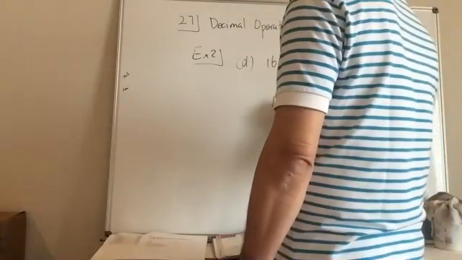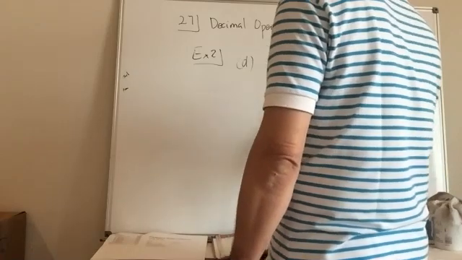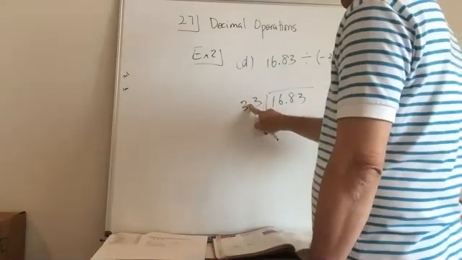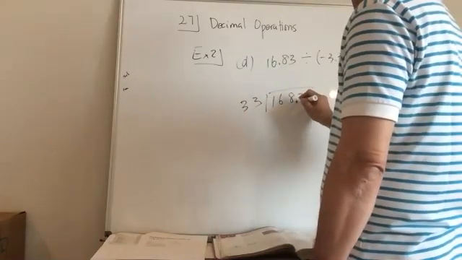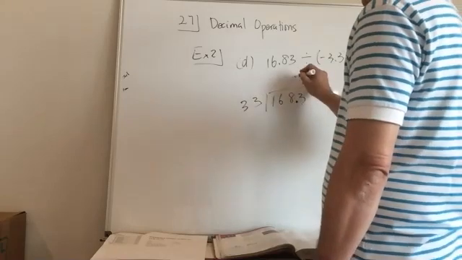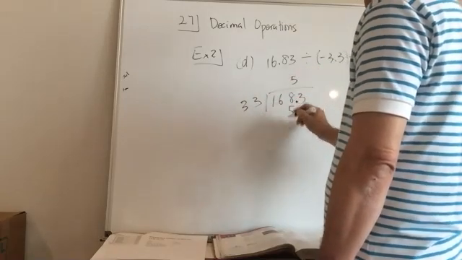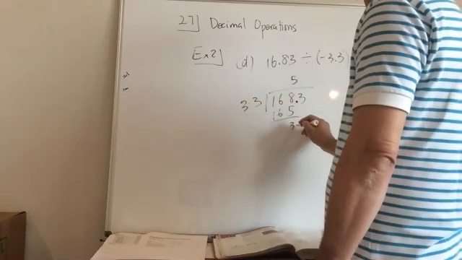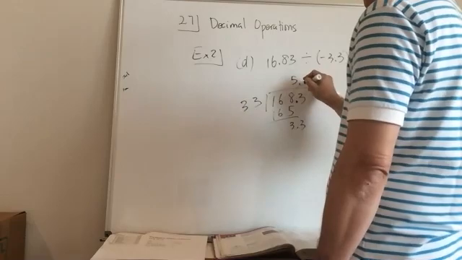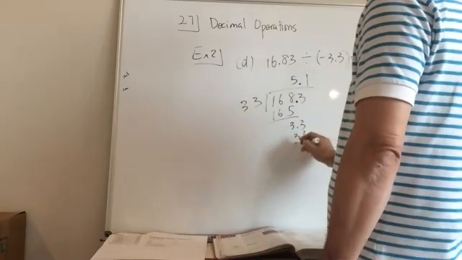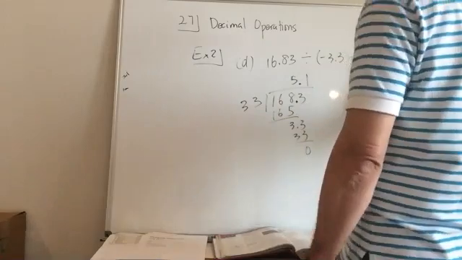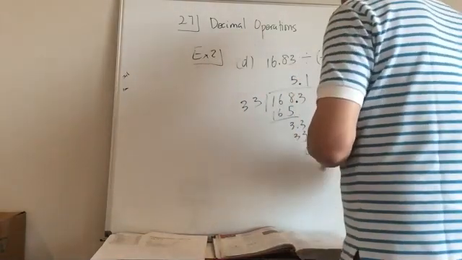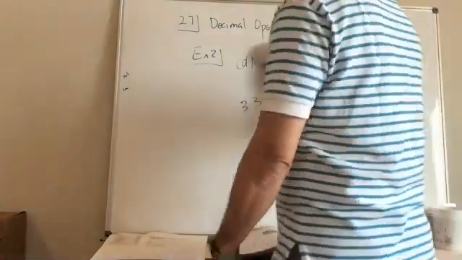So we're going to have 16.83 divided by 3.3. If I move this guy over 1, move this guy over 1, I get this. So the answer is negative 5.1. Okay. That's example number 2.